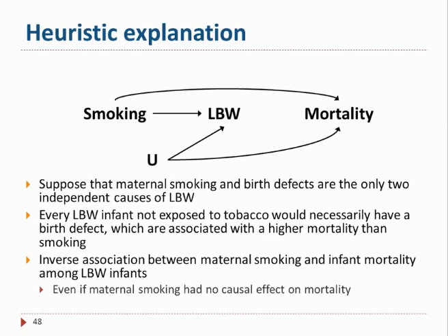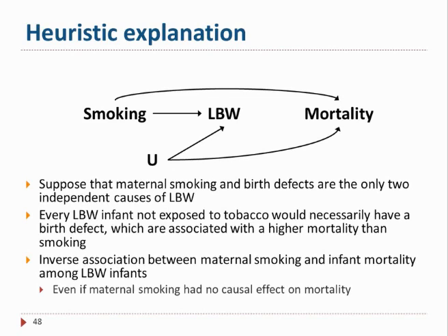So let's walk through this a little bit more. So if we think that the only causes of low birth weight are smoking and birth defects, then each low birth weight infant, if their mom was not a smoker, then they had a birth defect. So those are the only possible causes. And we know that birth defects are associated with a much higher infant mortality rate than smoking.